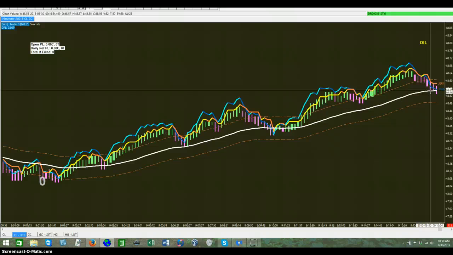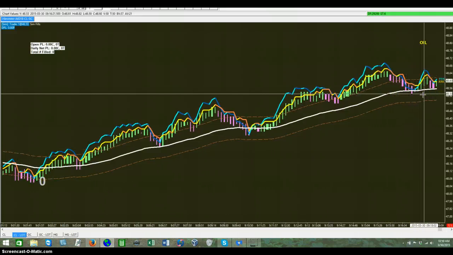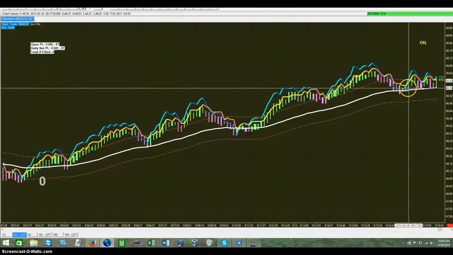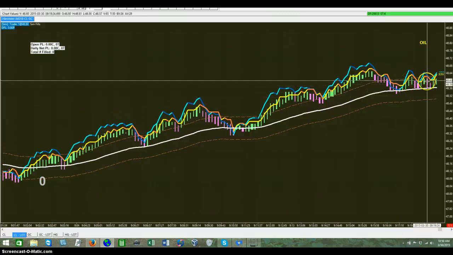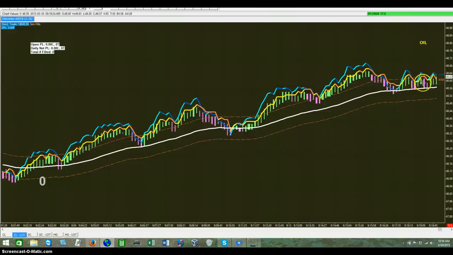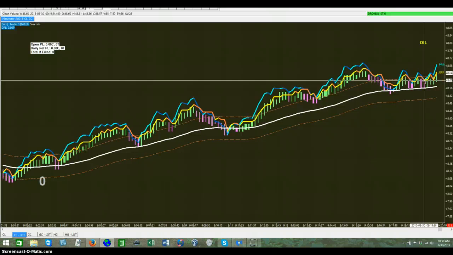We may decide to get out here at 9:16, but we still stay in because it didn't go to the lower danger zone. But now you're going sideways here, so this may still be a good time for us to finally take profit and get out.